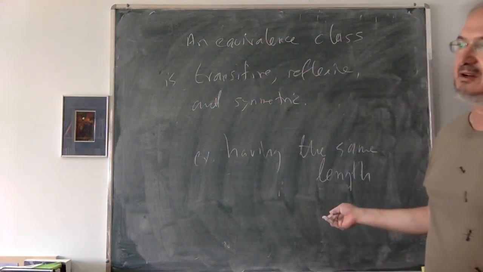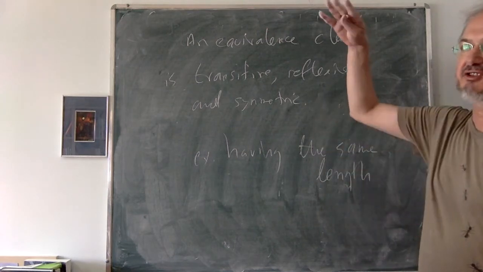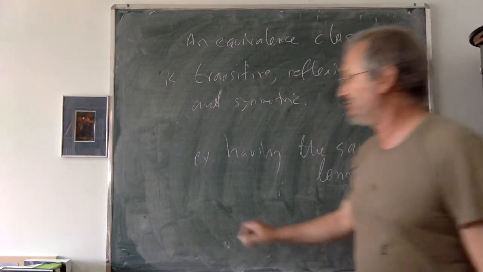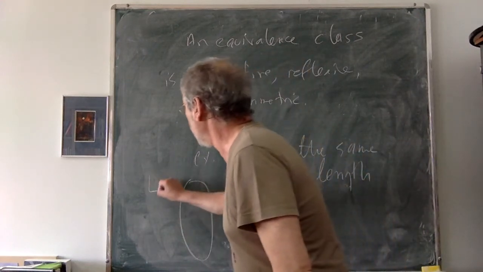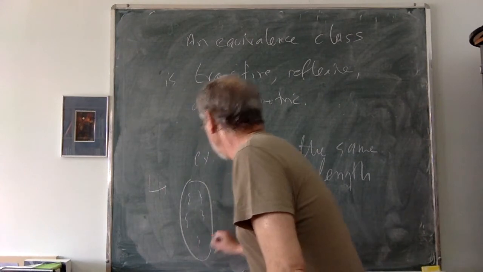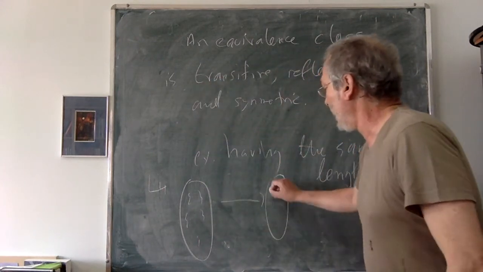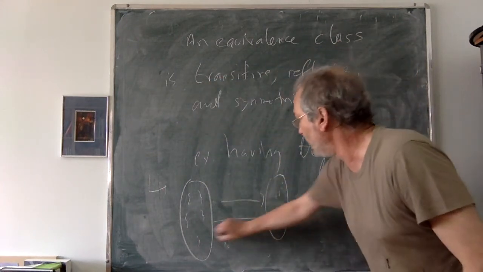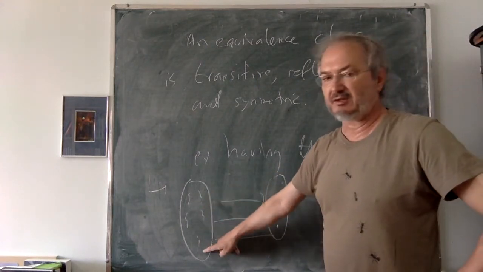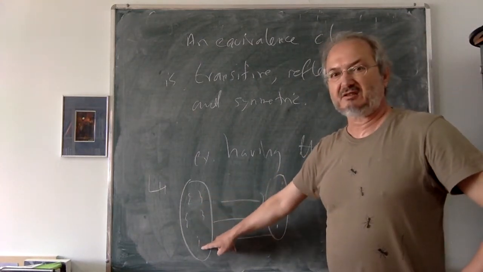Okay? And that's why equivalence classes are nice in the sense that they partition your set into disjoint sets. And that's why you were able to prove that your L4 as a set of sets mapped one to one. Okay? Instead of taking the members individually, I formed the equivalence class.